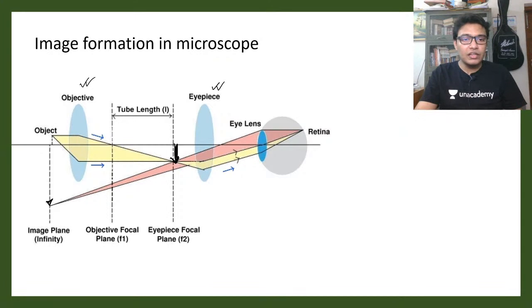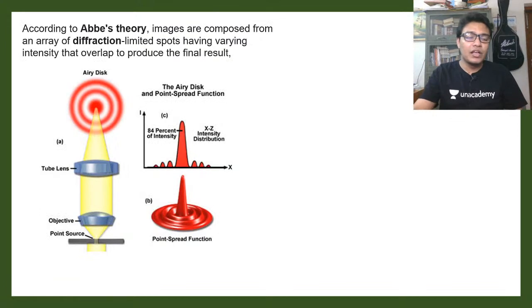But let me give you a little bit more overview of how exactly images are formed. So according to Abbe's theory, what are microscope images? Microscope images are nothing but diffraction patterns. So each of these microscope images is composed of several diffraction limited spots, okay?